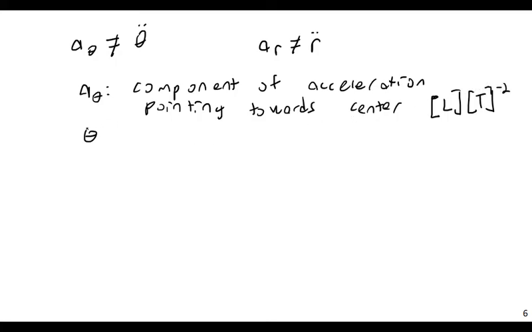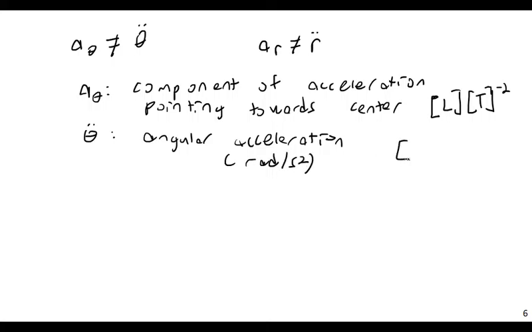Theta double dot, on the other hand, is your actual rate of angular acceleration, or your actual angular acceleration. This would be in something like radians per second squared, or dimensions of simply time to the -2. a r is the acceleration component.